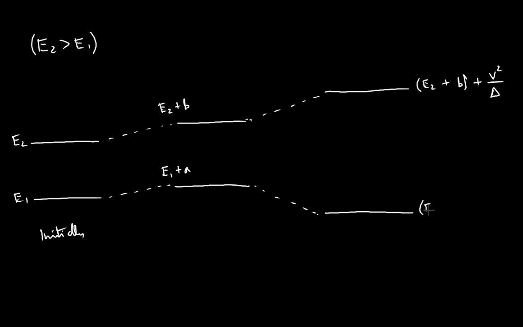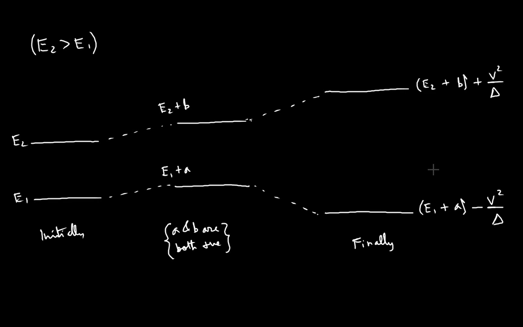And here we have E1 plus A minus V square by delta. See? So this is what we have, and this is when A and B are both positive. And this is finally what we get as a result of the interaction.